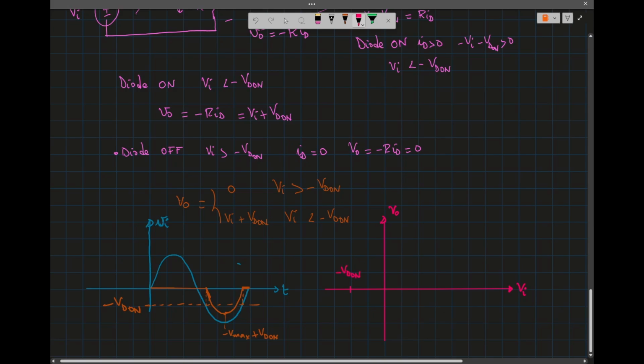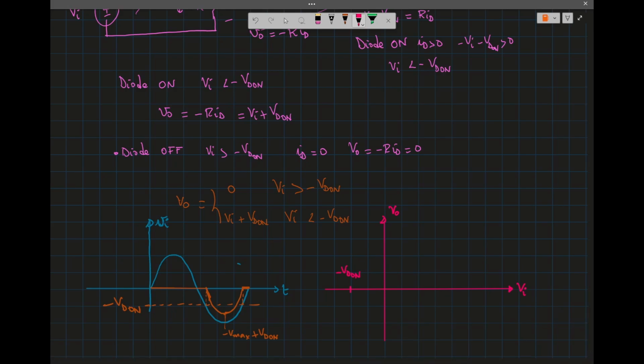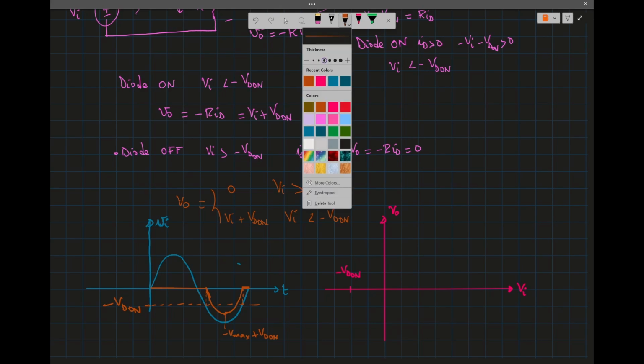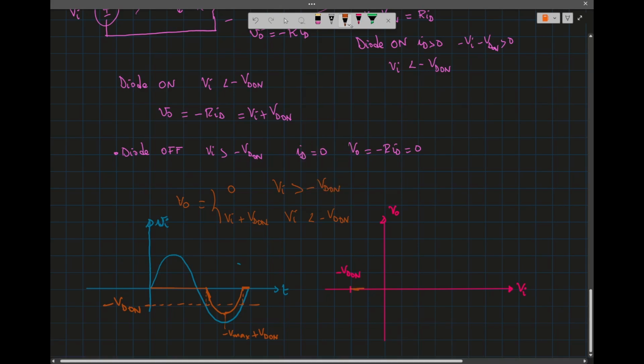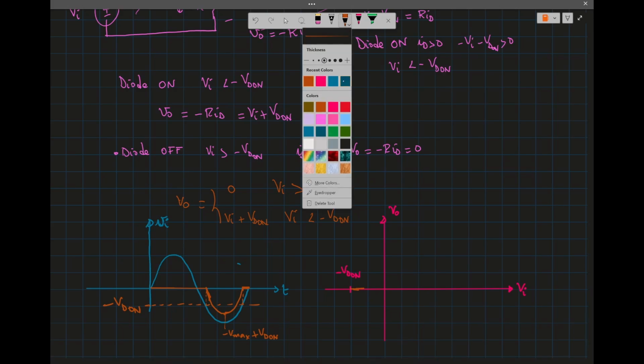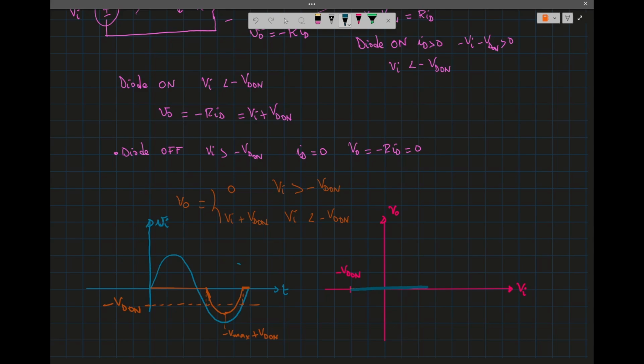Okay, so when V_I is bigger than minus V_D(on), then the output is 0. So the output is 0 when V_I is bigger than minus V_D(on). So let me use this color. Okay, the output is 0.